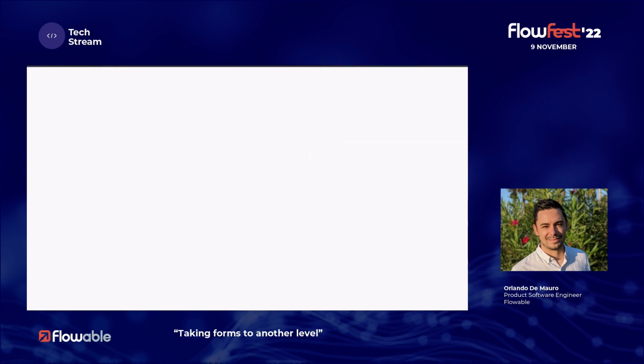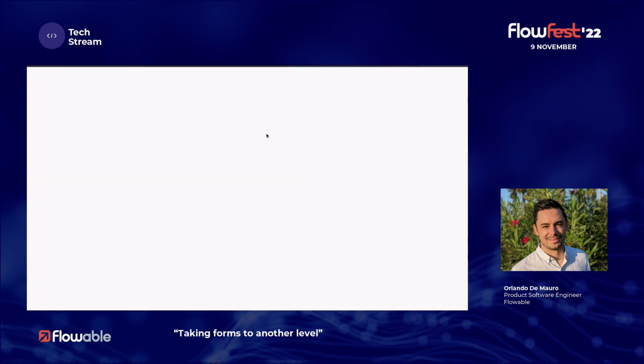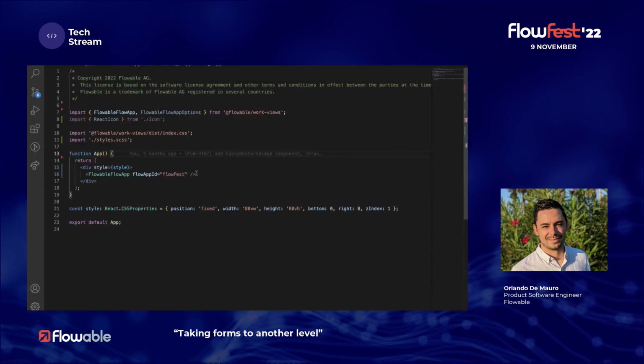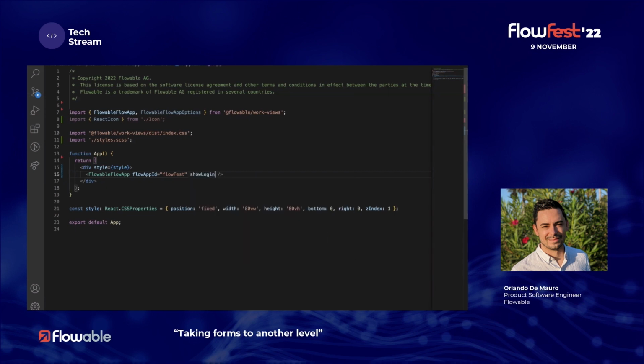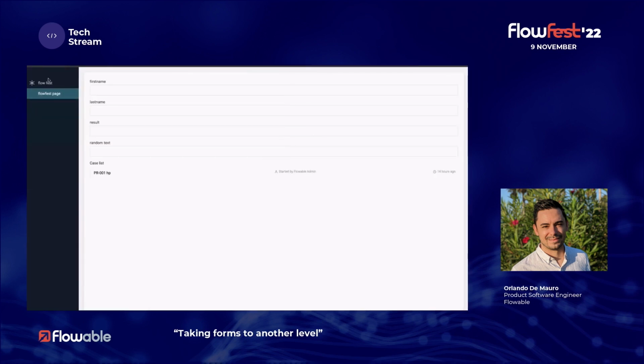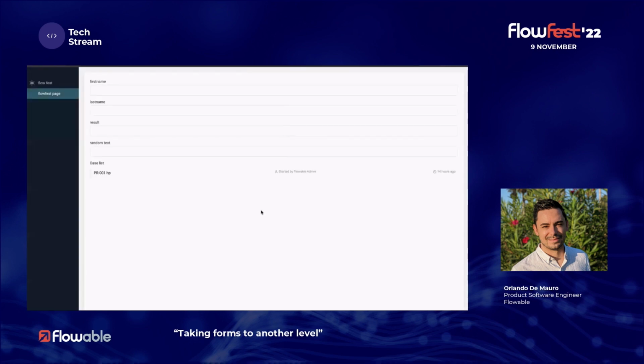There are also other features that we can use. For example, we can tell the embedded view that we want to show the login, and we save and go back. So if we refresh the page, now the login page will be rendered.